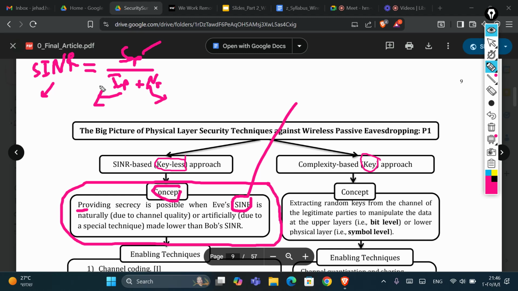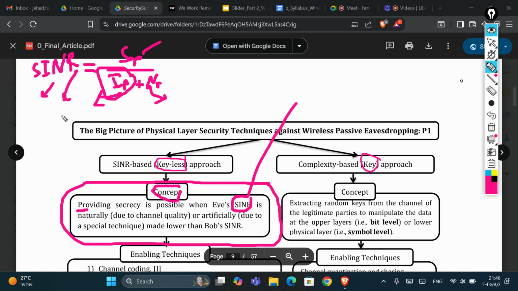All these types of interference can be represented by this term, I power, I_B.